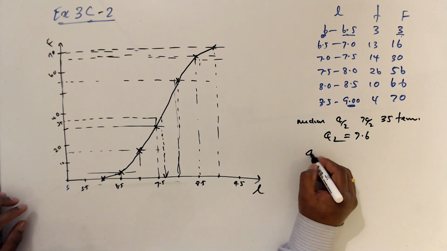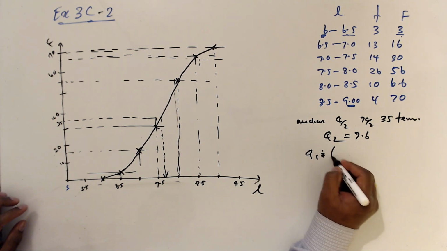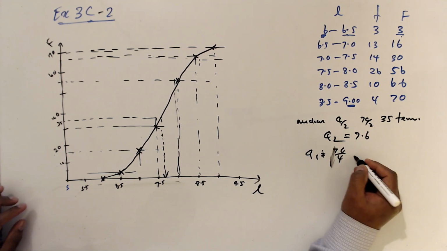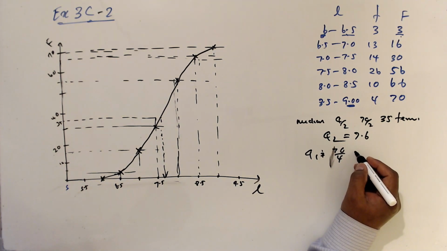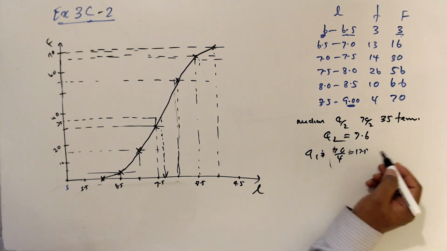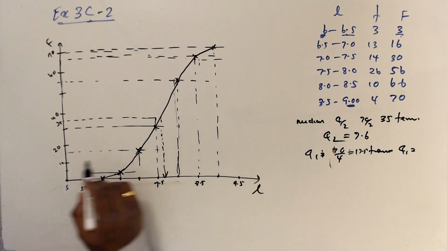And Q1 is we will get 70 divided by 4. This is going to be 17.5 term. So Q1 is going to be 17.5.